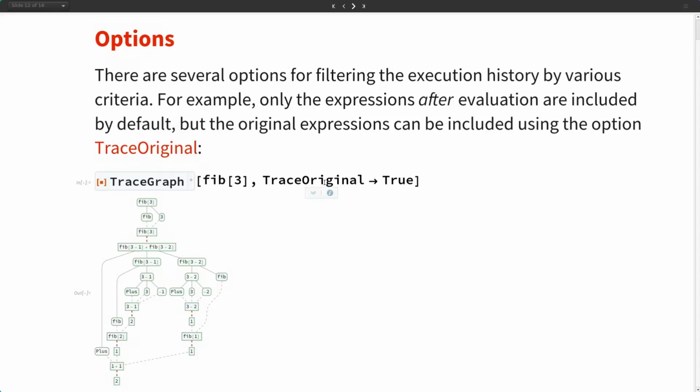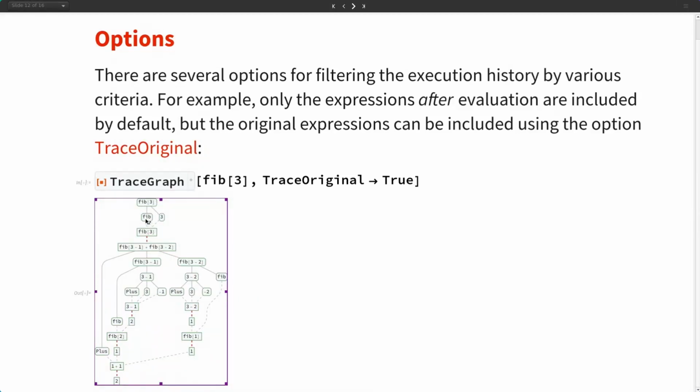So if you do TraceOriginal goes to True, we're actually going to see every piece of the standard evaluation sequence. So if we look at this example, you start with fib of 3. Rather than going straight from fib of 3 to fib of 3 minus 1 plus fib of 3 minus 2, remember back to the standard evaluation sequence, you first have to evaluate the head and then each of its arguments. In this case, it's totally trivial. Fib is just fib.